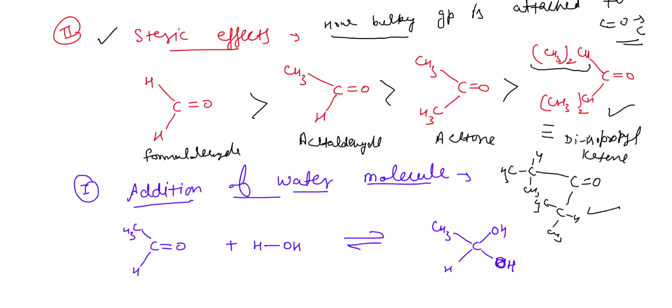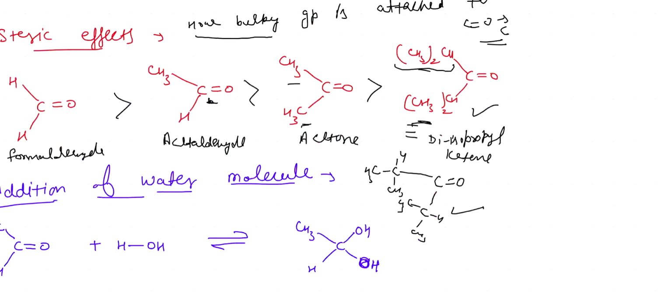Clear? So as the number and the size of these alkyl groups increase, bulkiness increases. So the attack of the nucleophile becomes more difficult at this carbonyl position. So steric hindrance reduces the rate of reaction.